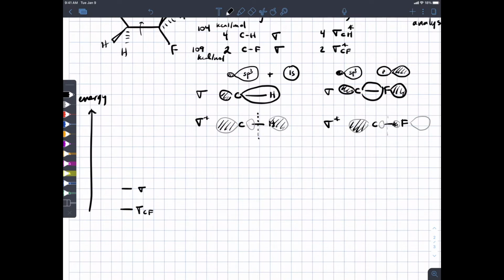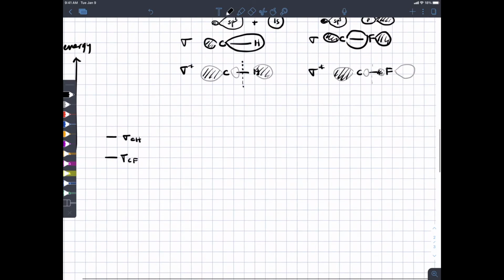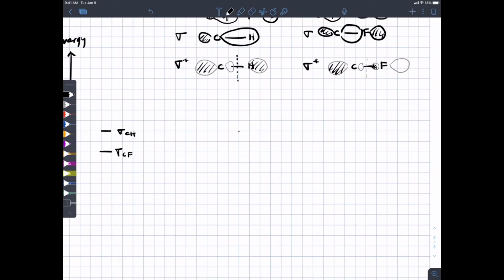But if we wanted to rationalize that, what we would say is that when you make a bonding orbital between an sp3 hybridized orbital on carbon and a 1s orbital on hydrogen, you get the sigma bonding orbital here.